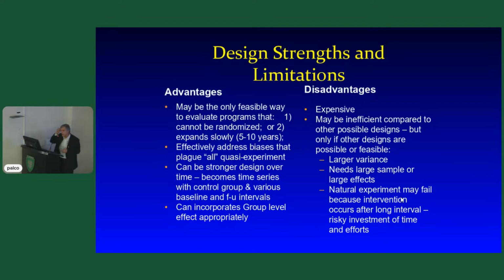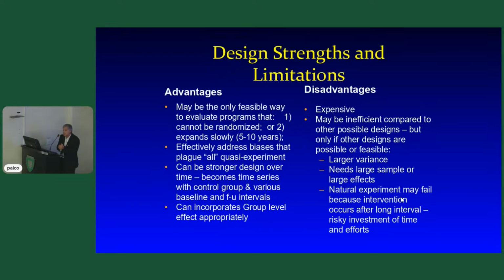I could not randomize. Expand slowly over time, so it allows you to create natural comparison groups. There will always be tons of communities after 3 years of implementation that do not have the intervention. Effectively address bias that plagues all quasi-experiments. The main bias in quasi-experiments is really not knowing how the intervention is delivered and whether you have a true control group. Here I do.